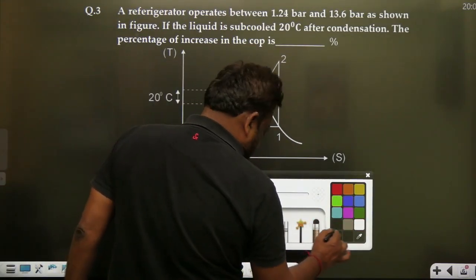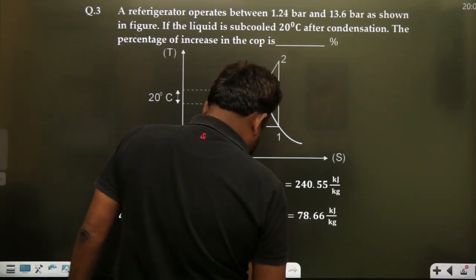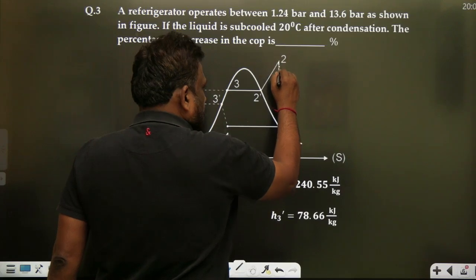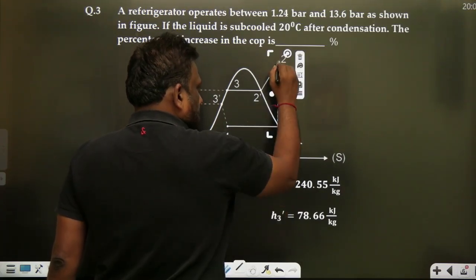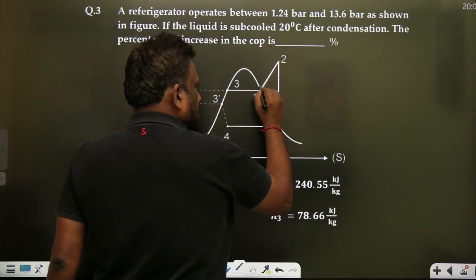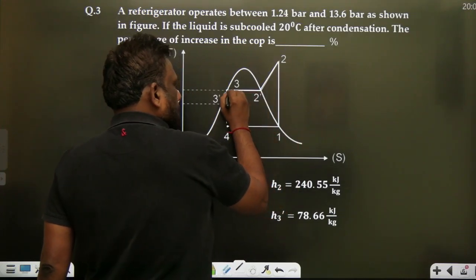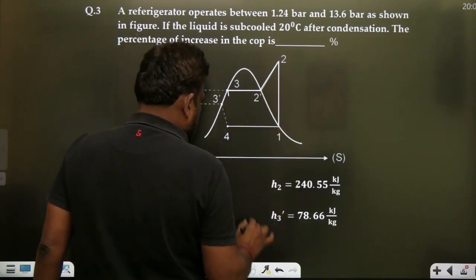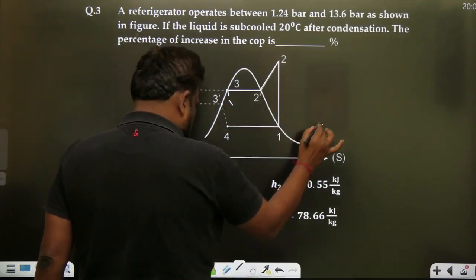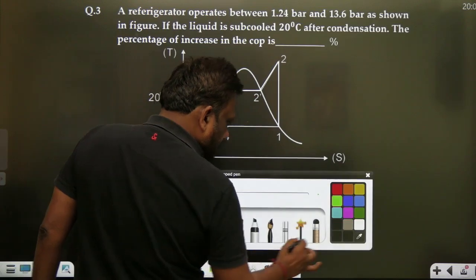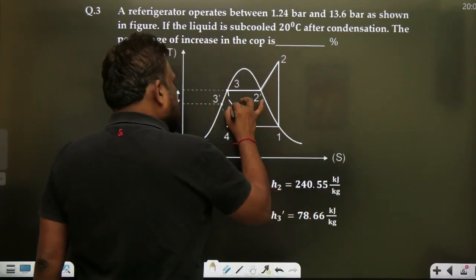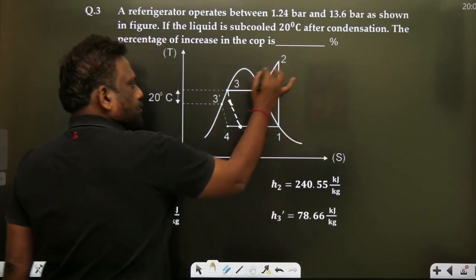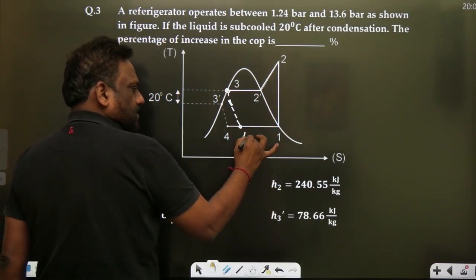The first cycle is this one: 1, 2, 3 and 4 dash.